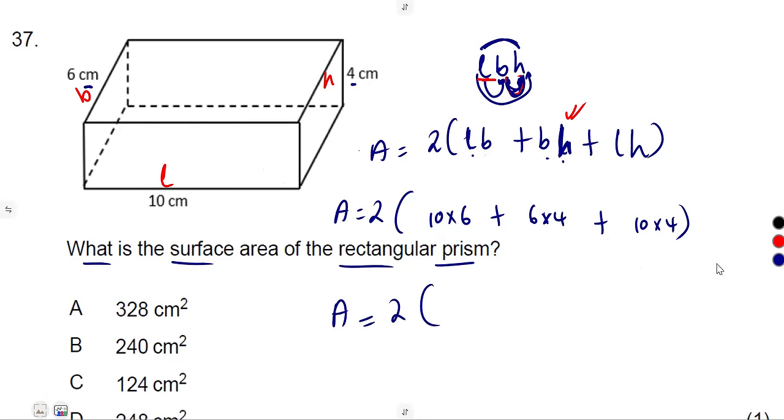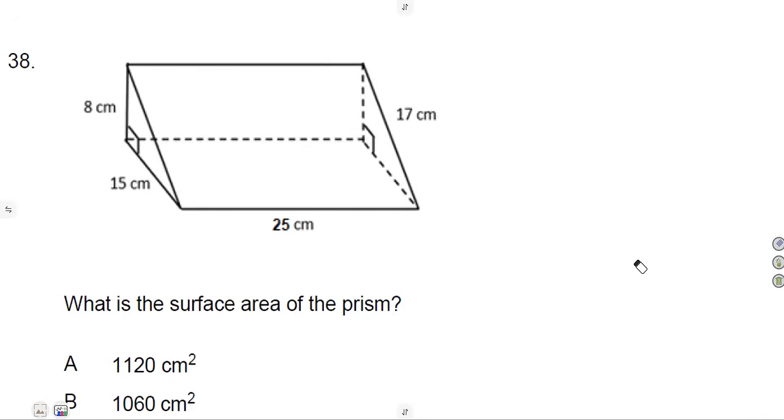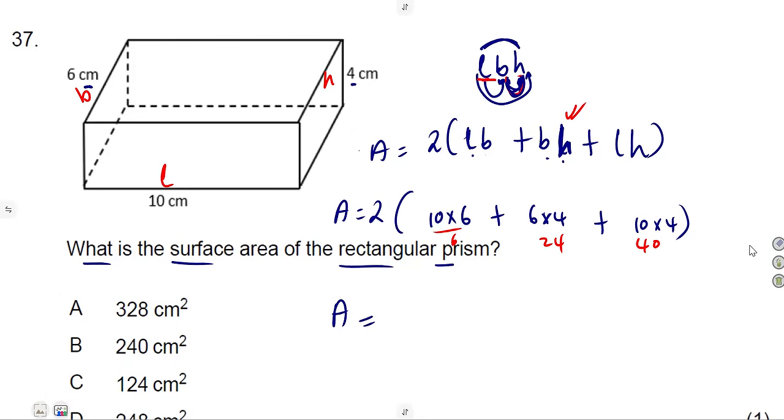So it's going to be 2 into, you can combine. This is 60, 24, this is 40. So if you add these, then multiply by what? By 2. Okay, sorry for that. It was going to give us 248.